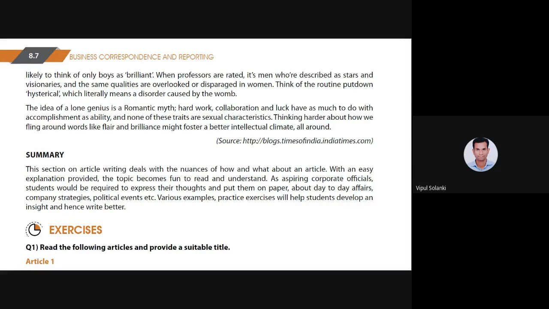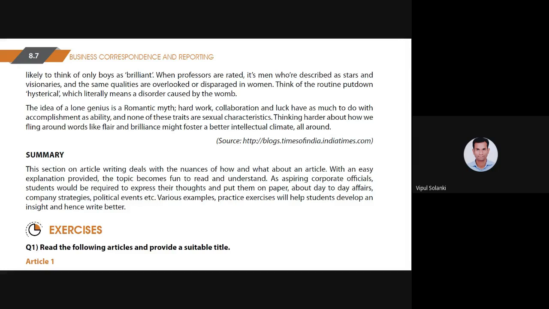Hard work, collaboration, coordination, and luck have as much to do with accomplishment as ability, and none of these traits are sexual characteristics. When hard work, collaboration, and good luck all come together, one becomes a success, one becomes a genius, one becomes brilliant. And these things don't come with gender.